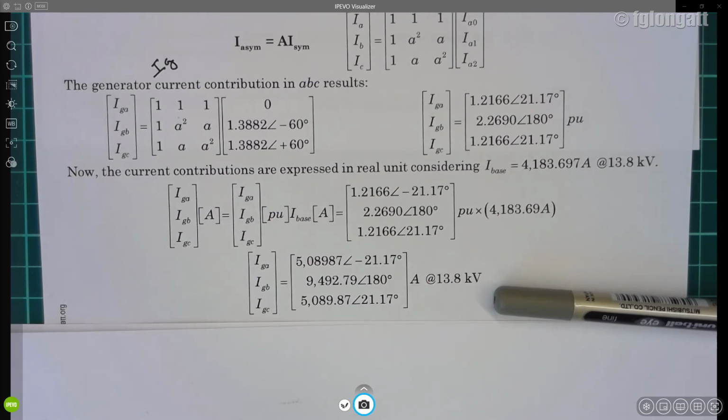What I want to do now is compare the numerical results that we got from example 3.5, compare the currents coming from the generator, and see what changes including the effect of those phase shifts has on the currents.